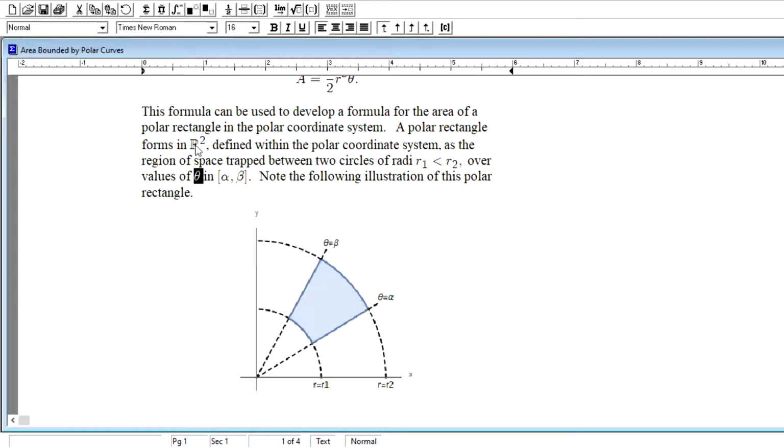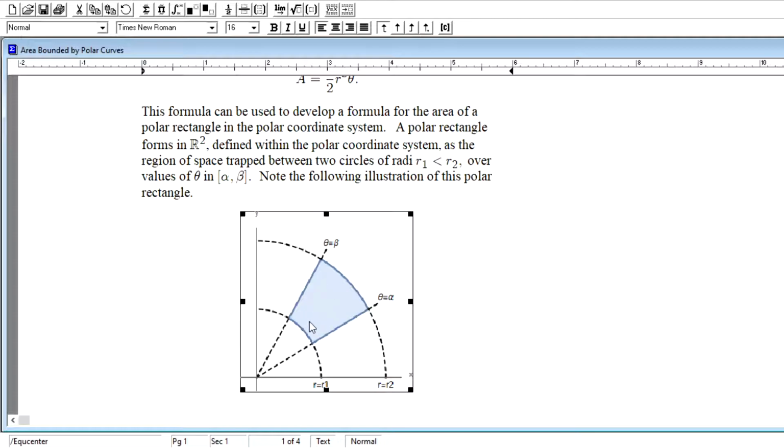If we consider this description in our two-dimensional space, what it defines is this highlighted region seen here, this shaded region in this illustration, trapped between these two circles of radius r1 and r2 over these angle measurements of theta from alpha to beta. And what it defines is this space known as a polar rectangle, right?